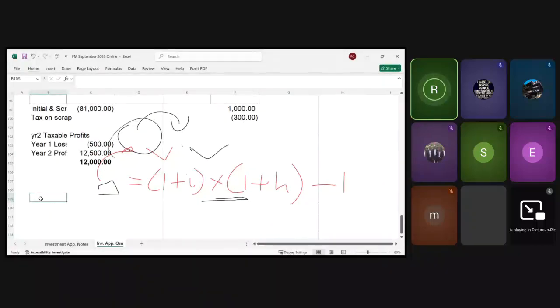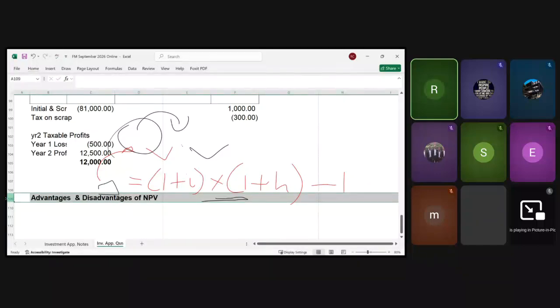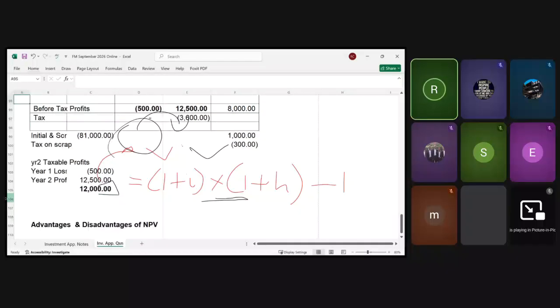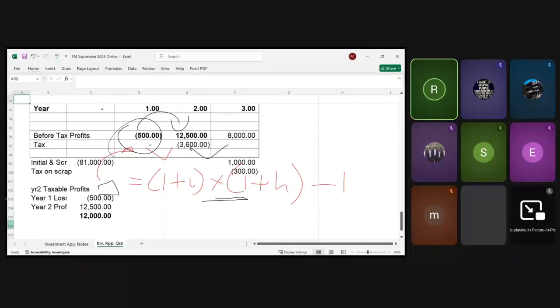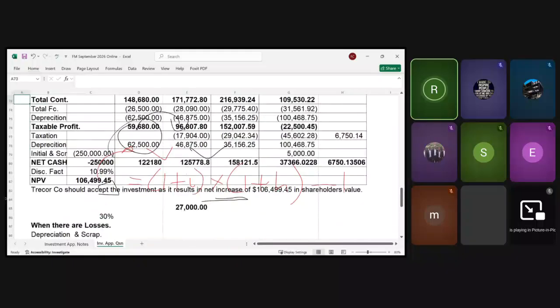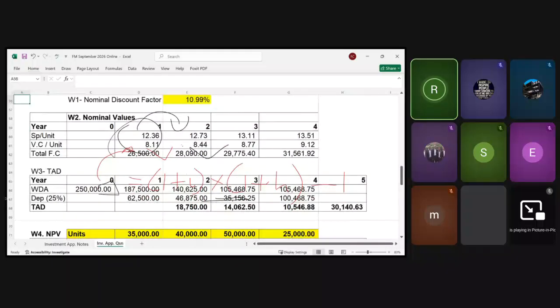But remember, we haven't done the advantages and disadvantages of NPV. Right, let us look at advantages and disadvantages of NPV, unless you wanted us to look at the other computational question that we haven't looked at here.